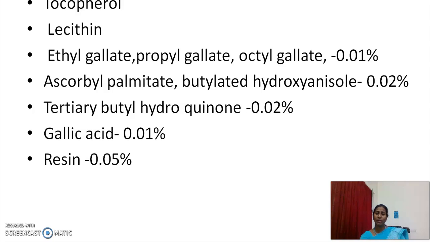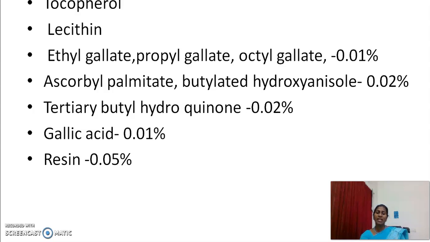The ethyl gallate, propyl gallate, and octyl gallate have to be added in the amount 0.01%, and ascorbyl palmitate, butylated hydroxyanisole in the percentage of 0.02, and tertiary butyl hydroquinone 0.02%, gallic acid 0.1%, and resin 0.05%.